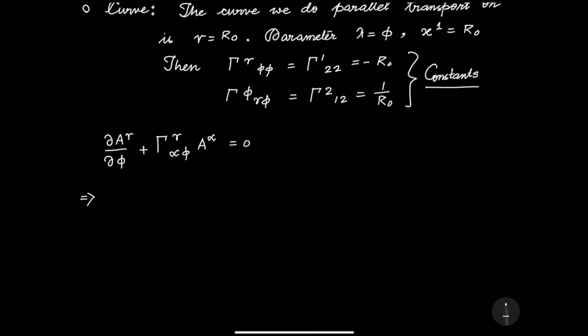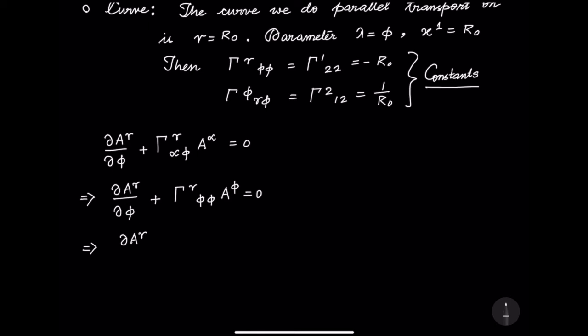Now if you work it out, this is del AR del phi, which is what it is supposed to be always, with R upstairs and phi downstairs. The only option for alpha to be non-zero, where the Christoffel symbol is non-zero, is that alpha has to be phi. So this becomes gamma R phi phi, and then I have A phi over here, which gets me to this differential relation.